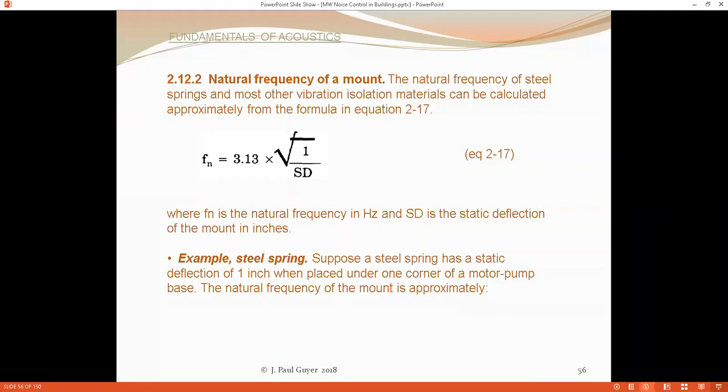So the forcing frequency of the fan, in the typical situation, is the speed of rotation of the fan, and if the speed of rotation of the fan is pretty close to the natural frequency of the vibration isolators, then you've got a problem that's probably going to occur, and so you need to select a different vibration isolator. That's kind of an aside there.